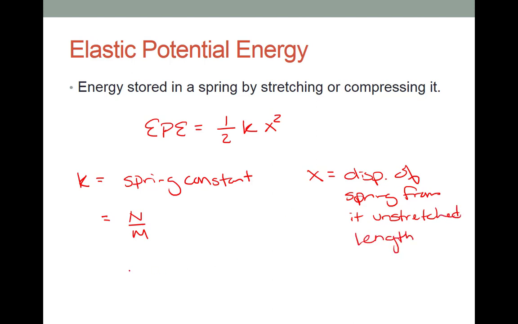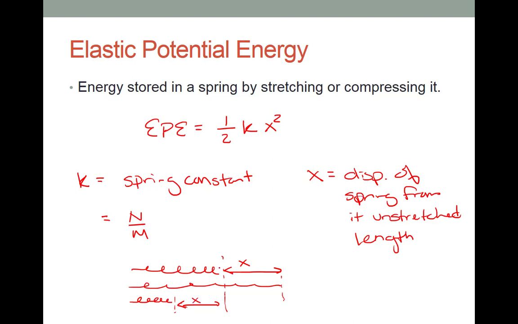So if I have a spring, and unstretched, it's here, and then I pull it out to here, this could be my X. Or on the other hand, I could take that spring and I could push it in, this could be my x, but it's always measured relative to the unstretched length.